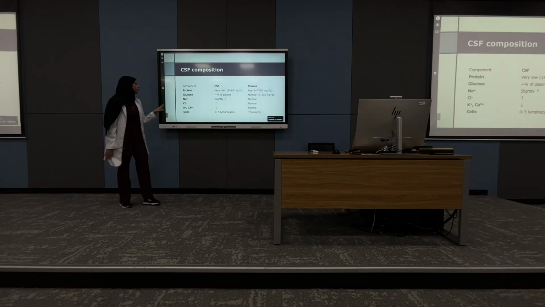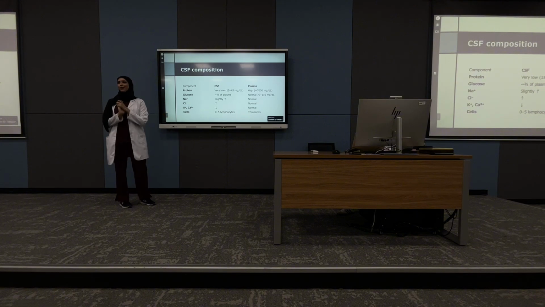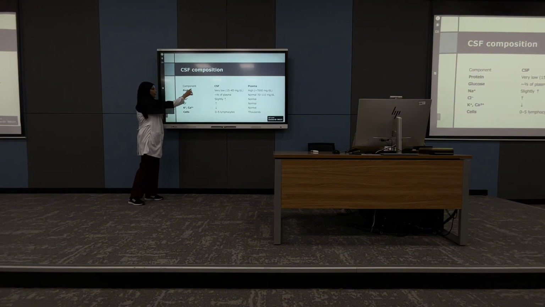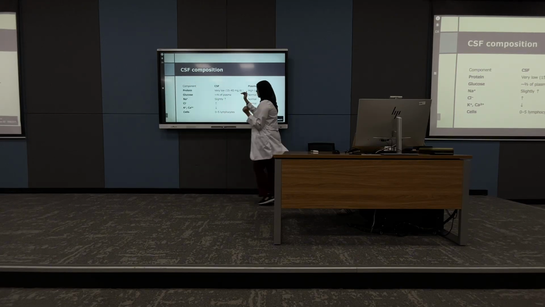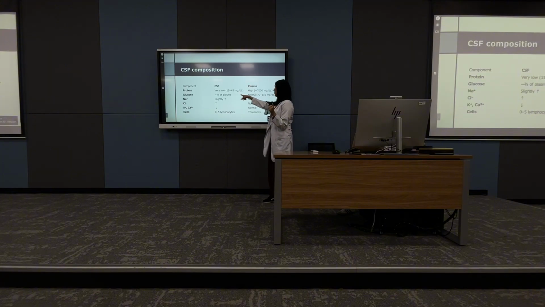Okay, cerebrospinal fluid composition. This is really high yield to know. So as I said, CSF is produced from blood plasma, but how is it different from blood plasma? In cerebrospinal fluid, the protein is way lower. In plasma, it's high. The glucose amount in CSF differs when the patient is normal and if the patient gets meningitis.